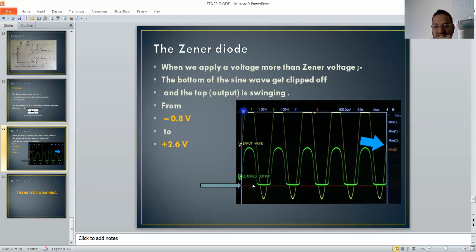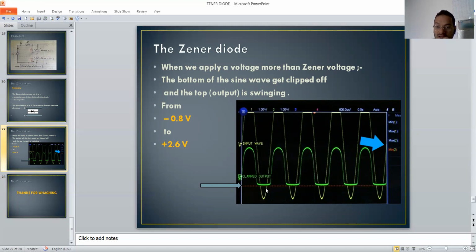Or actually we can say here we don't have a negative side, because this clamped output is near 0, and after that suddenly increases again. When we apply a voltage more than zero voltage, the bottom of the sine wave gets clipped off like this, and the top will be swinging like that, completely normal and swinging.